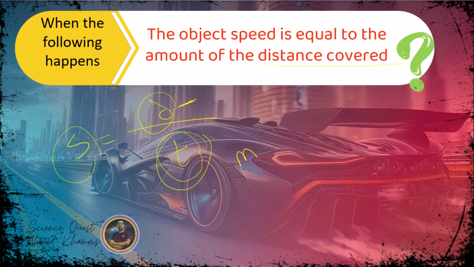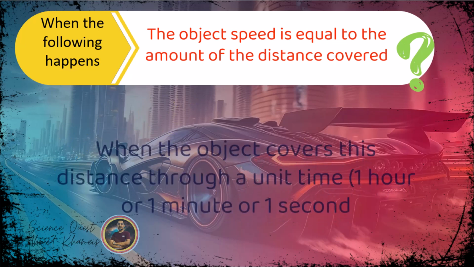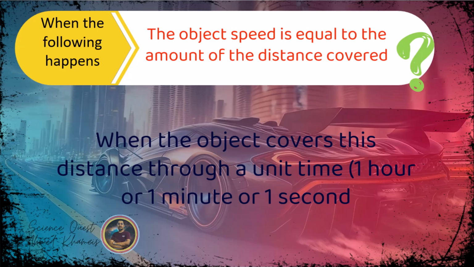Could be minute, second, or hour. So the object's speed equals the amount of distance covered when the object covers this distance in 1 unit time, 1 hour, 1 minute, or 1 second.